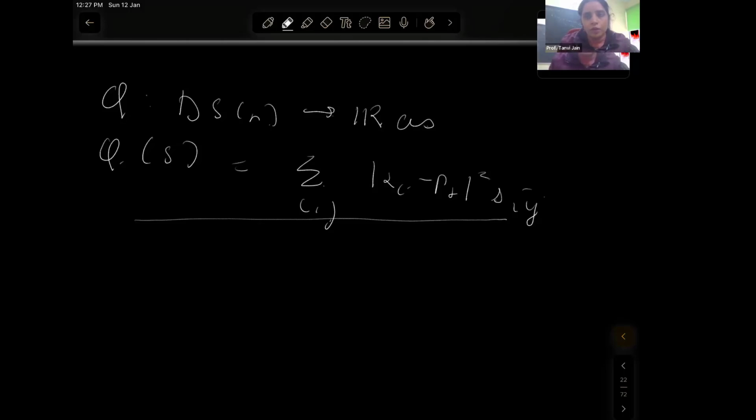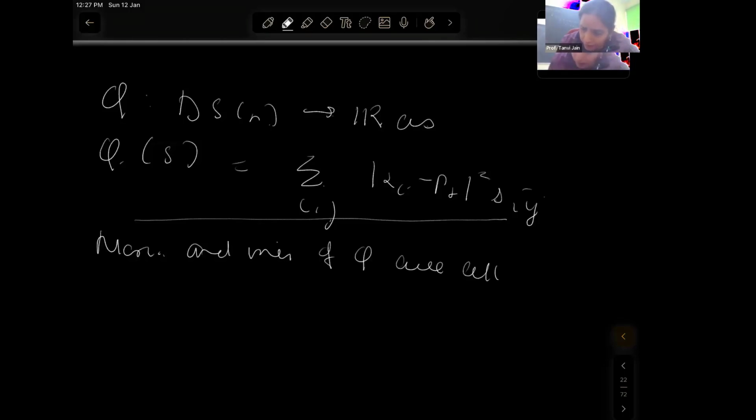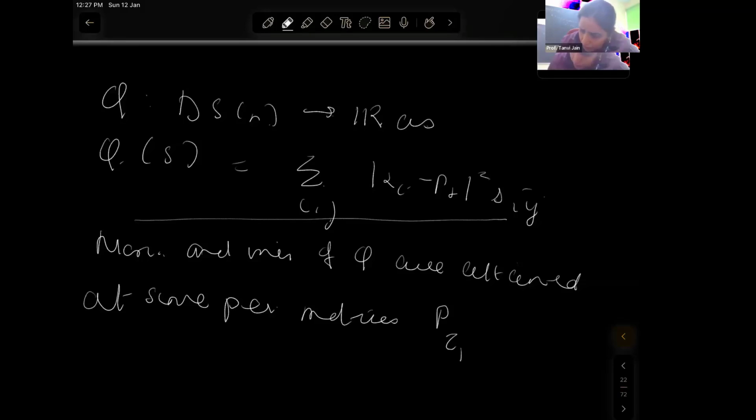So the maximum and minimum of phi are attained at some permutation matrices, which correspond to permutations, let's say P tau 1 and P tau 2.